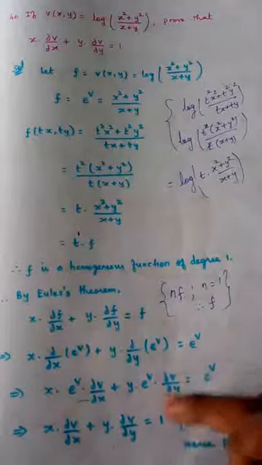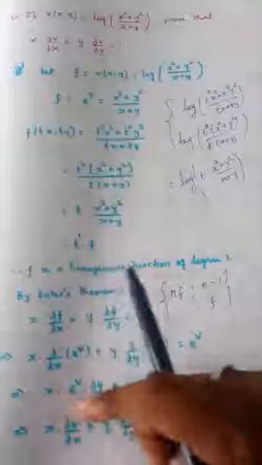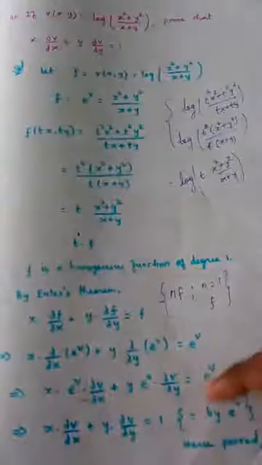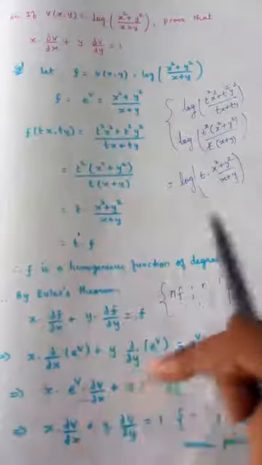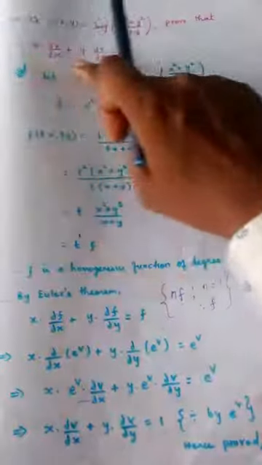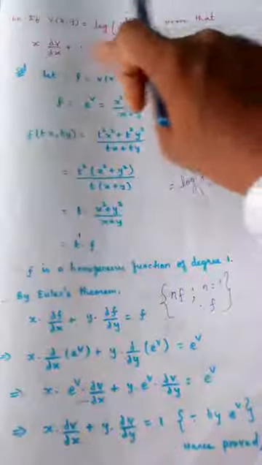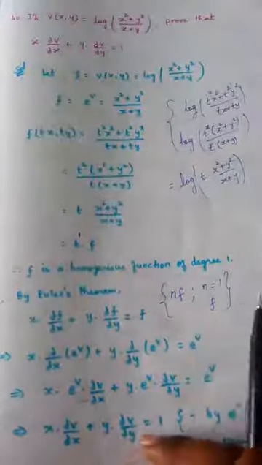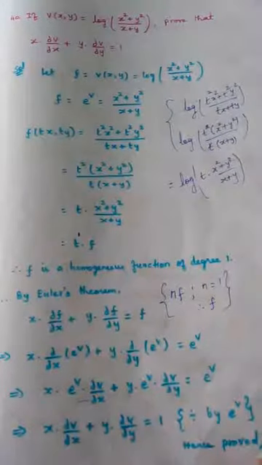So x dou v by dou x plus y dou v by dou y equal to 1, which is the result we needed to prove. Hence proved. So these are all very important sums.